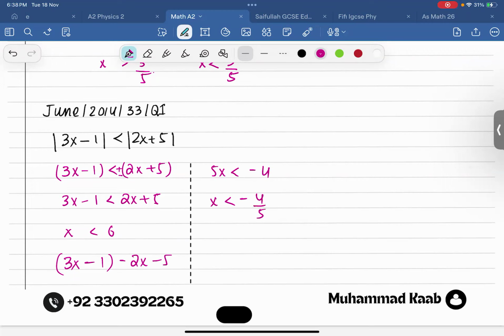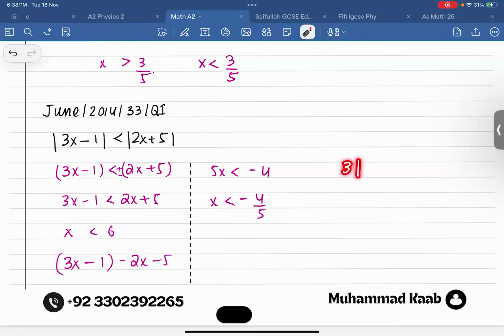So now we have to verify which option is going to be valid for the inequality, right? So 3 and then -1, okay, and is less than 2 and then 5. Yeah, we have to put the value, right?